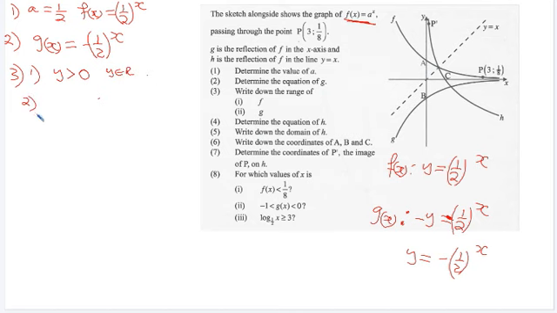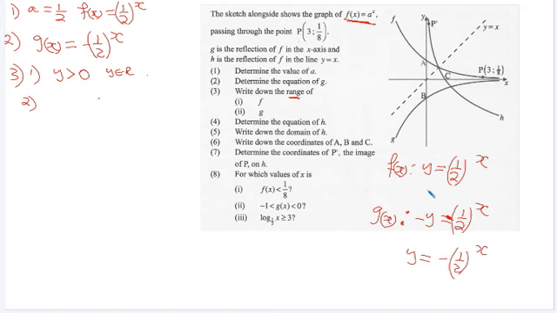And then for number 2, we are still talking about range, the y values. We now want the range for g, and this is our g. Our range for g is also starting from that, going downwards. Remember, range is the y values. Domain is the x values.